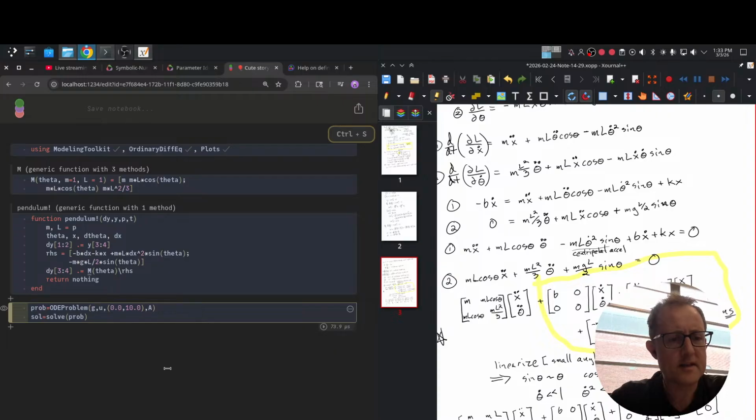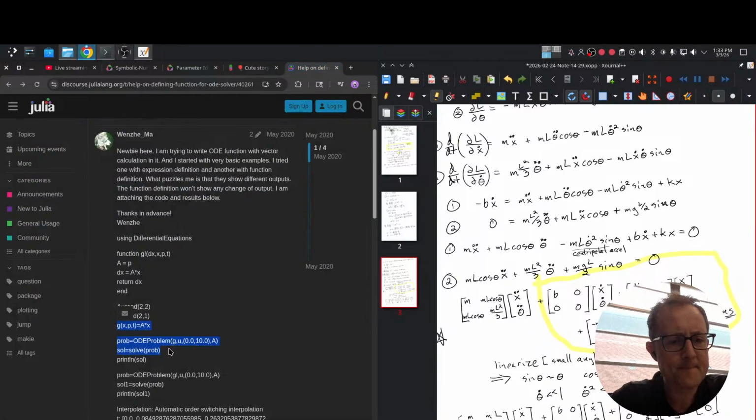So instead here, I'm going to say this is pendulum. 0, let's go with 0 to 1 second. How do I give it my initial condition?